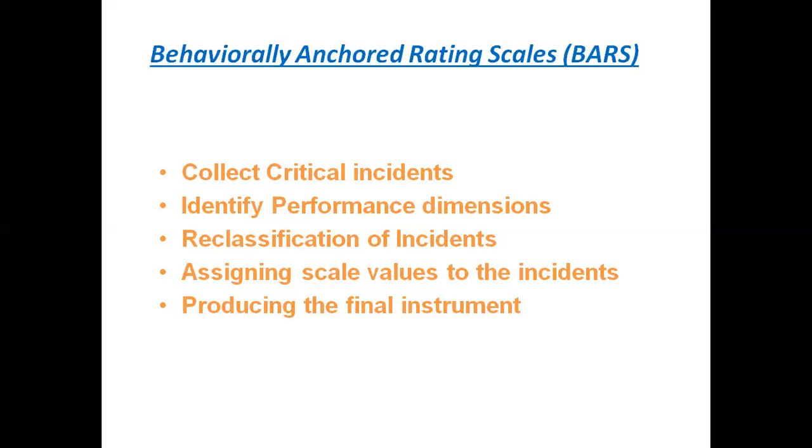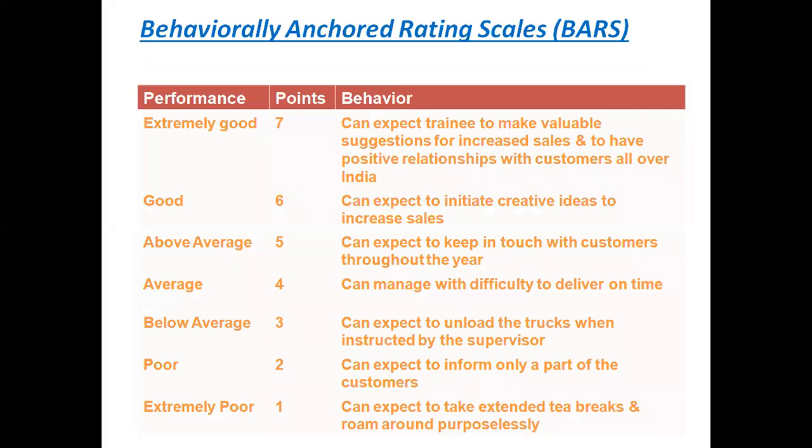The last point, step 5, is producing the final instrument. About 6 or 7 incidents for each performance dimension, all having met both the retranslating and standard deviation criteria, will be used as behavior anchors.